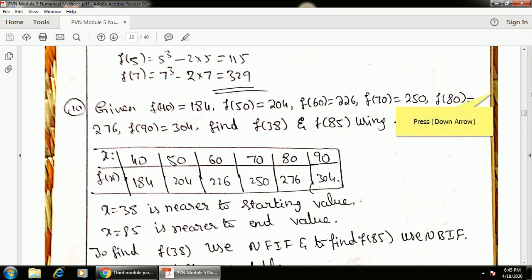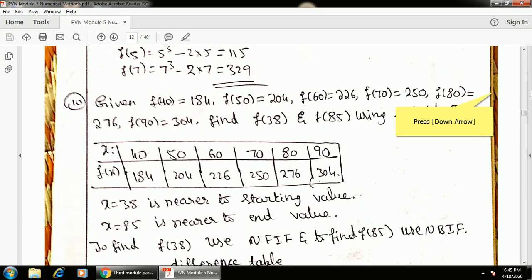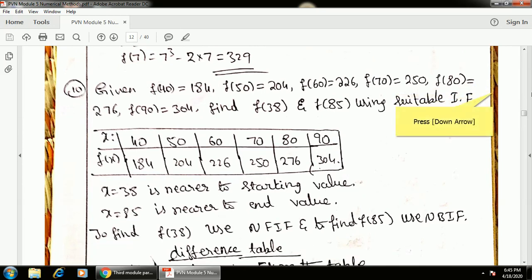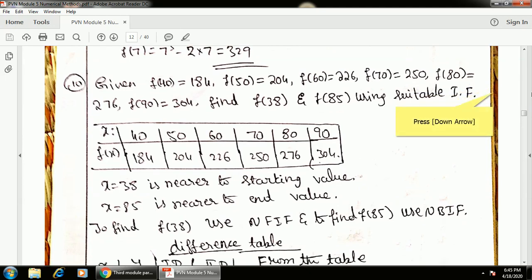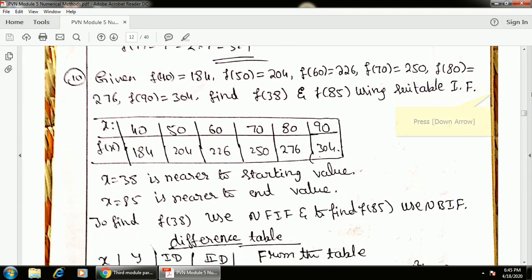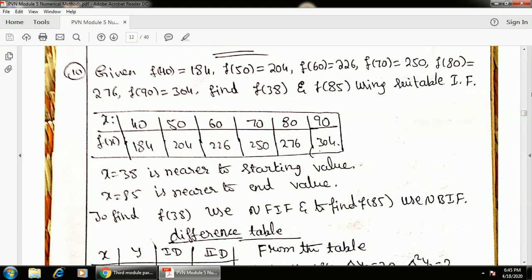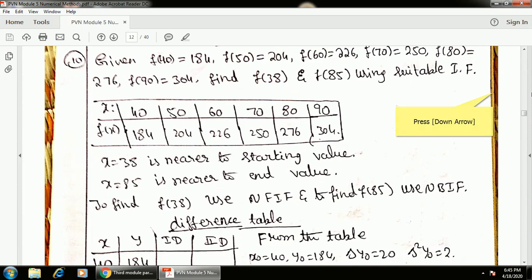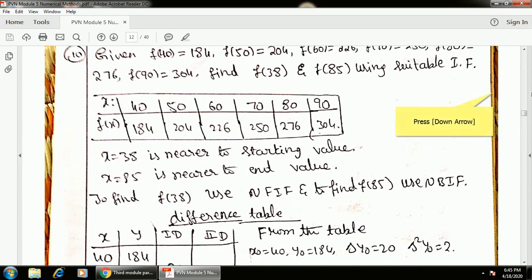In the case of Newton's forward and backward interpolation formula, the only thing is you need to have the forward and backward formula, and also you need to remember when to use the forward and backward formula and how to form the difference table.